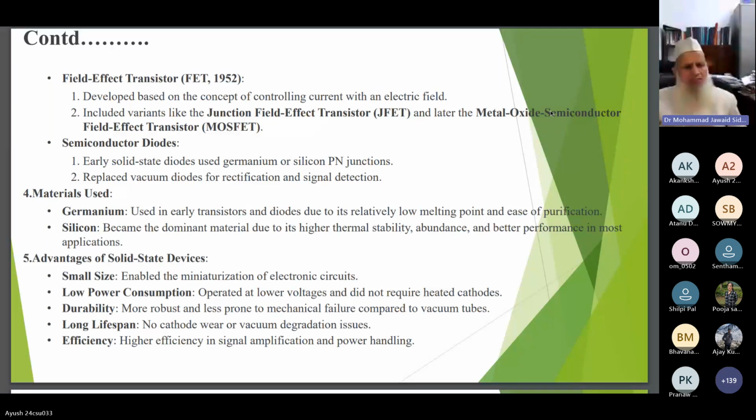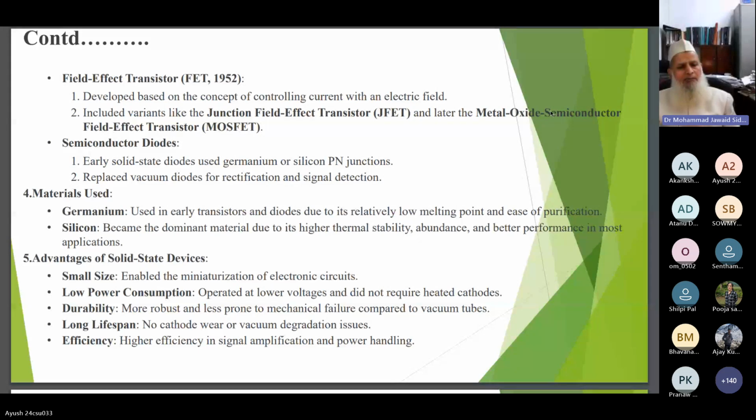The early semiconducting material was germanium because in the 1940s and 1950s, silicon was not available in its purest form. Plenty of silicon was available in the form of silica, but germanium was available at that time. So germanium was utilized to manufacture the transistors and diodes.